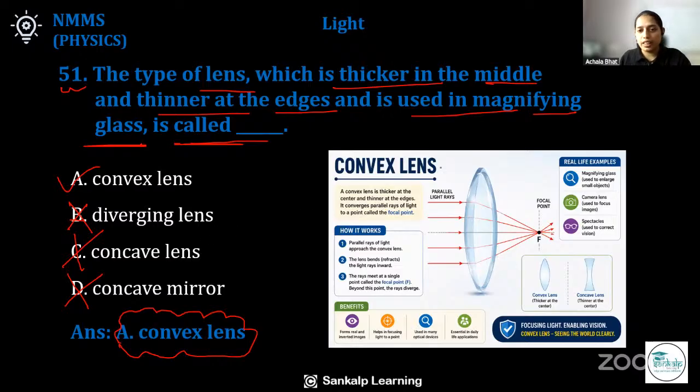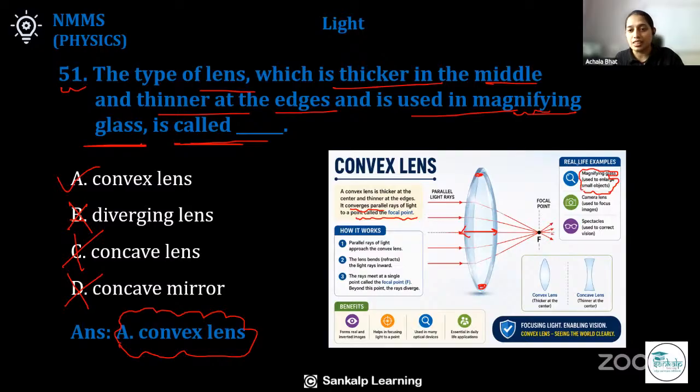Now, convex lens is thicker at the center and thinner at the edges. It converges parallel rays of light to a point called focal point and it magnifies the image. So it is used in magnifying glasses, which enlarge small objects.